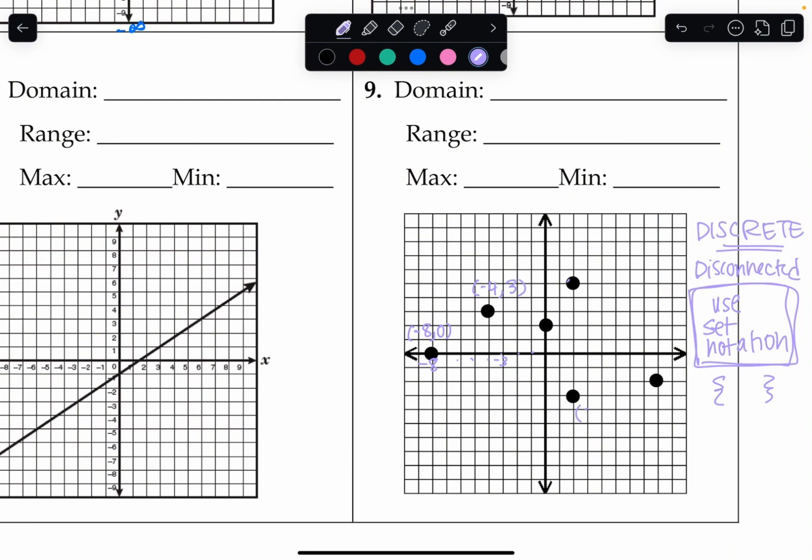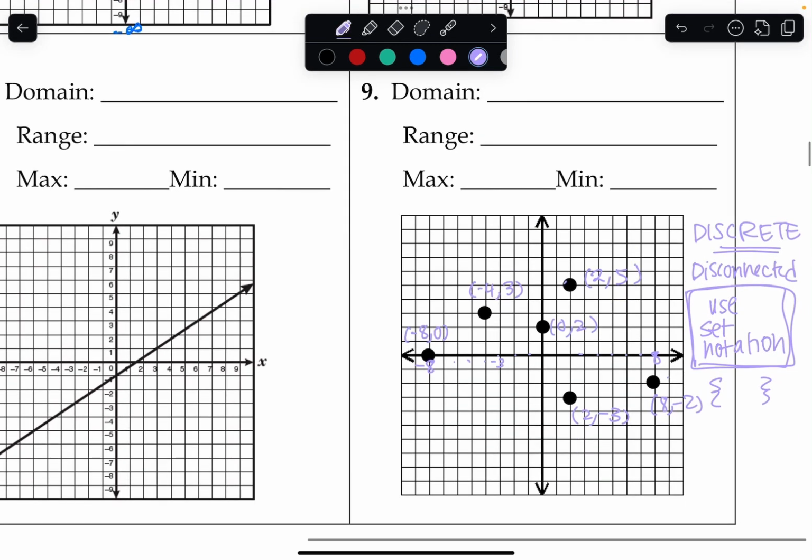This is (2, -3). This is 3, 4, 5, 6, 7, 8. This is (8, -2). This is (2, 5). And this is (0, 2).